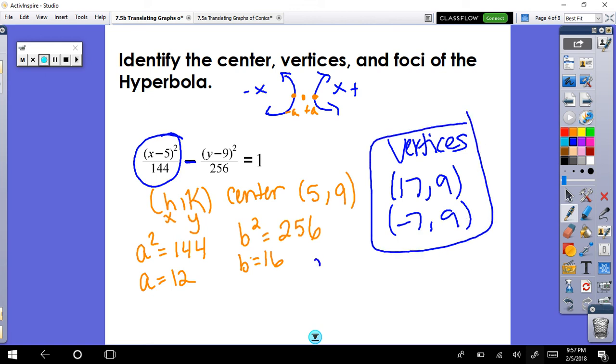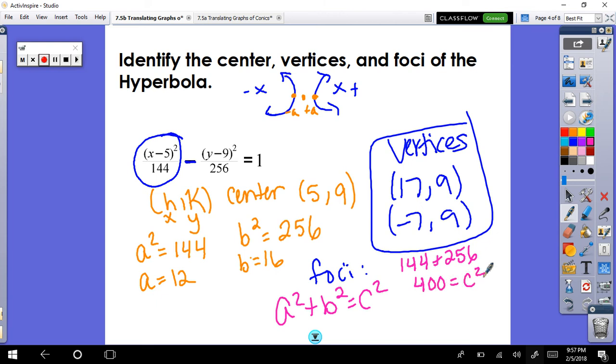And then if I want to find my foci, similar to finding the foci in the ellipse, except that it's a squared plus b squared equals c squared for a hyperbola. The equation is minus, so this one is plus. So that's 144 plus 256. That equals 400, so c squared equals 400, so c is 20.